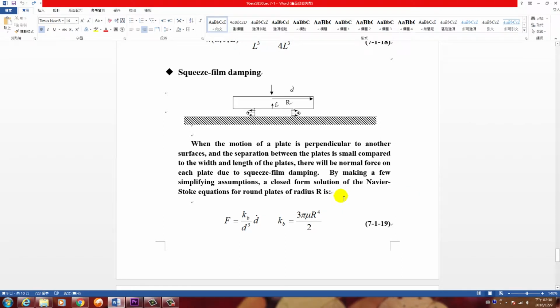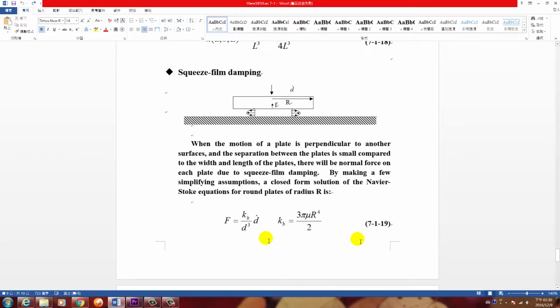Okay, so the resistance force will be proportional to the speed of you pushing down the plate, and also inversely proportional to the distance. If you have a smaller distance here, the force will be larger, so it's also sensitive to the distance d here. For a smaller distance, when you push it down, the air will go out from a very small channel.